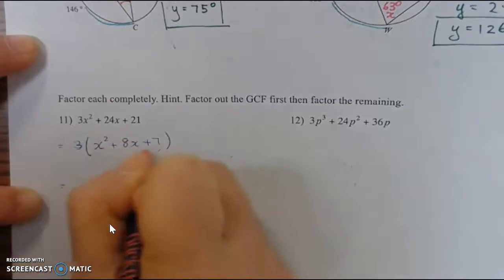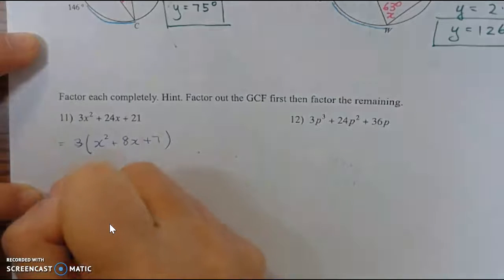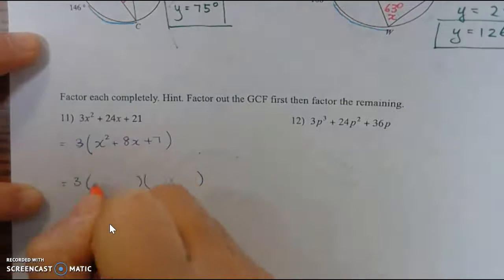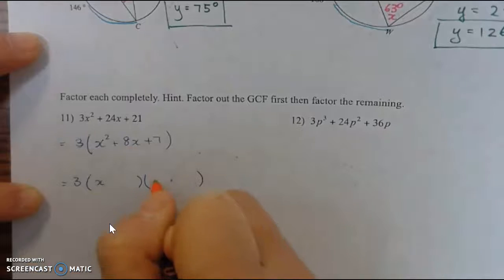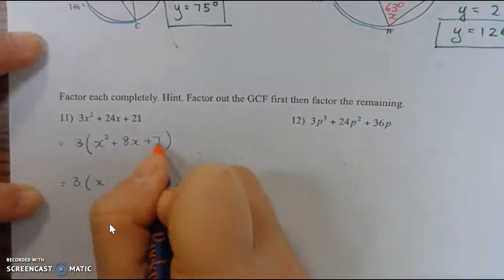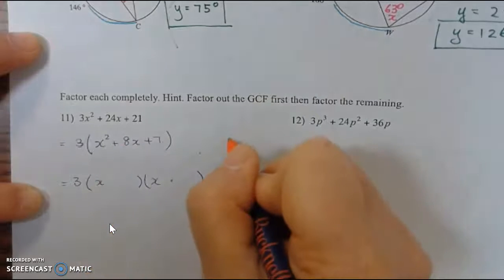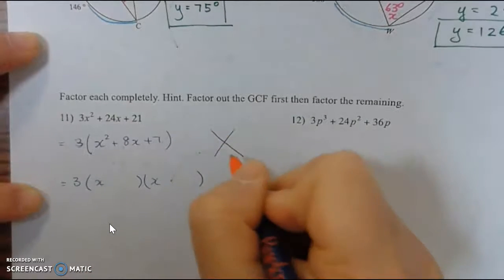Now I can factor what's inside the parentheses. That's my easy factoring. Okay, so I'm looking for two numbers. The only way I can get x squared here is x times x. I'm looking for two numbers that multiply to 7 that add to 8. If you want to use diamond, you can do that.